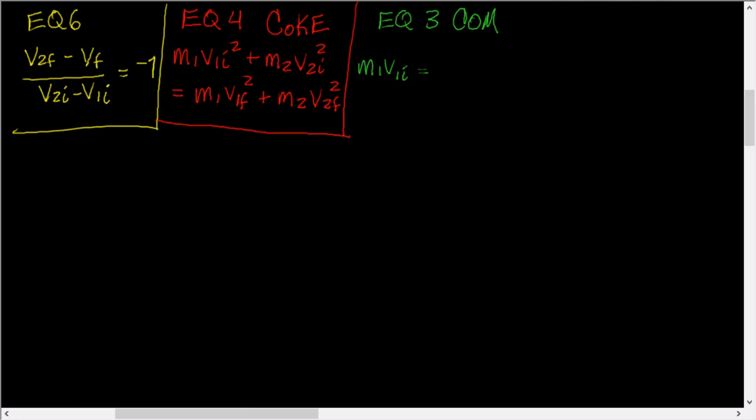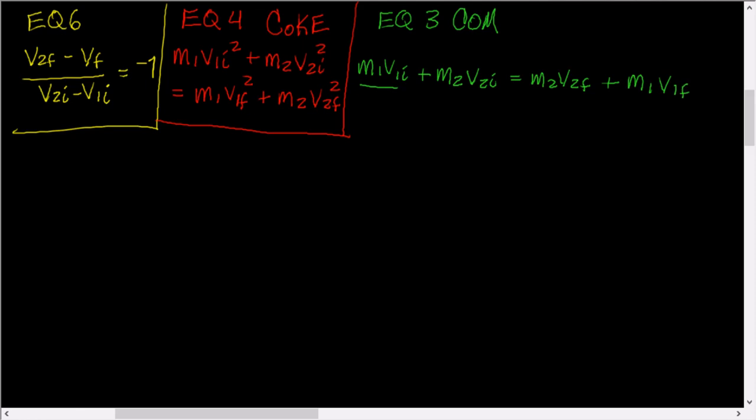Oh, excuse me, that should be a plus sign. So this is the momentum for the first cart, initially, momentum for the second cart, initially, and that's going to be equal to the sum of the momentums of the final state. That's m2 v2 final plus m1 v1 final.